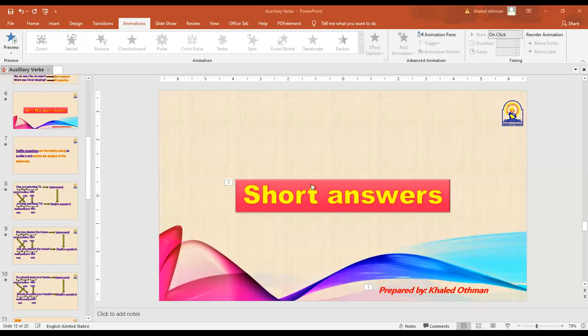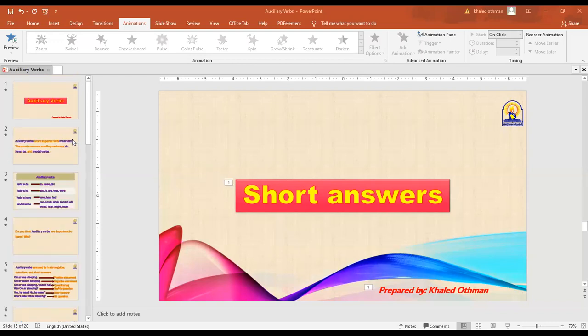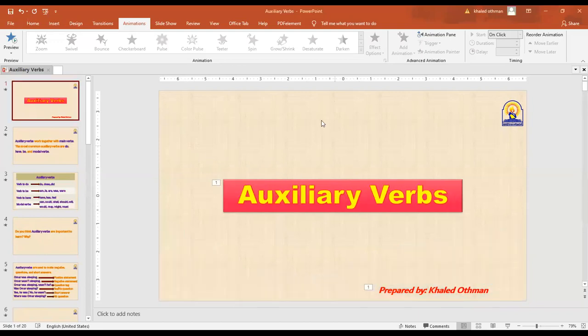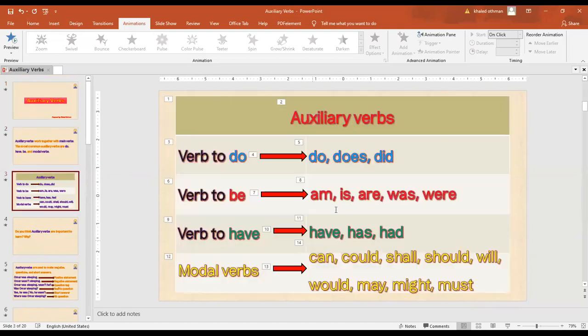We are still in the grammar rule in Unit 1. Okay, auxiliary verbs. Last lesson, we started studying these auxiliary verbs, and we learned what the auxiliary verbs are. Here they are, and I asked you to learn them because you are going to use them many times.